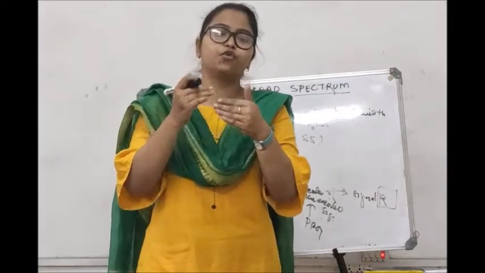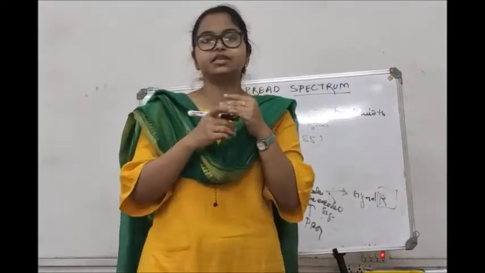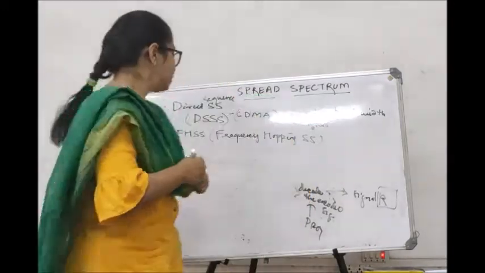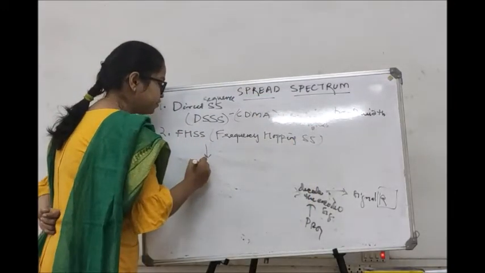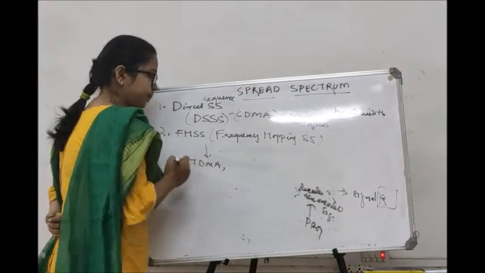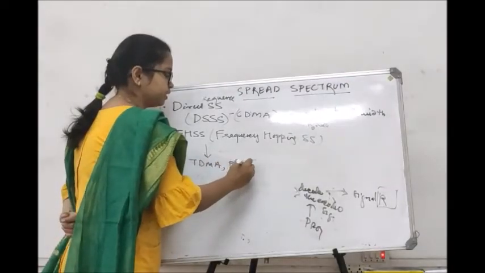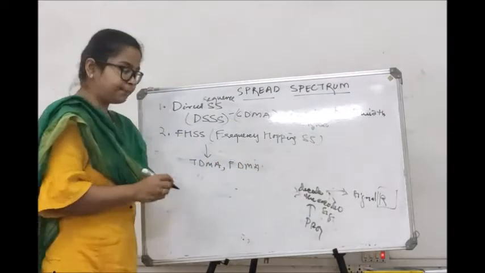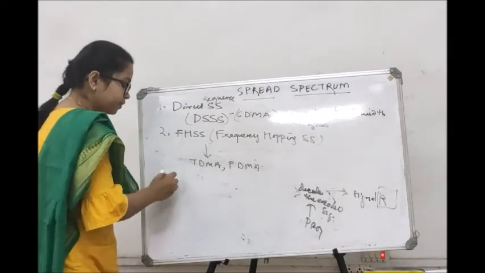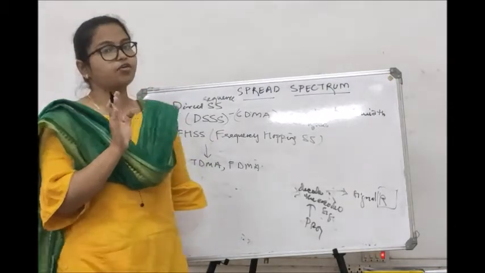Now, FHSS is a bit different. What it focuses on is frequency hopping. It uses two methods: time division multiple access and frequency division multiple access. Here, time and frequency are of importance.